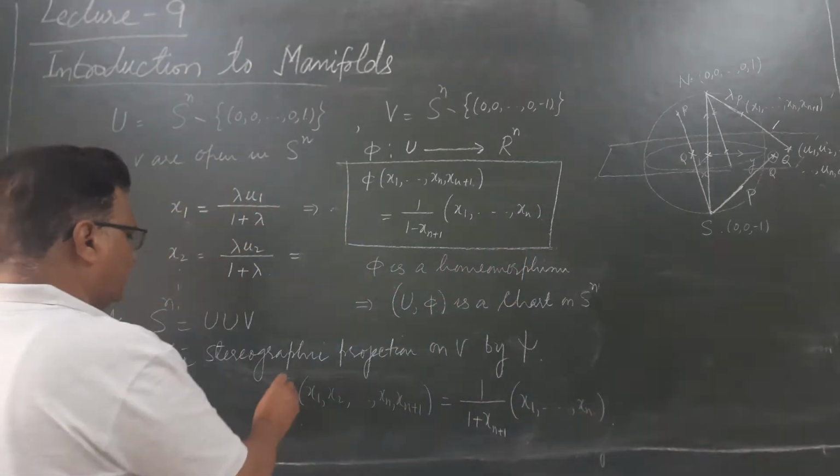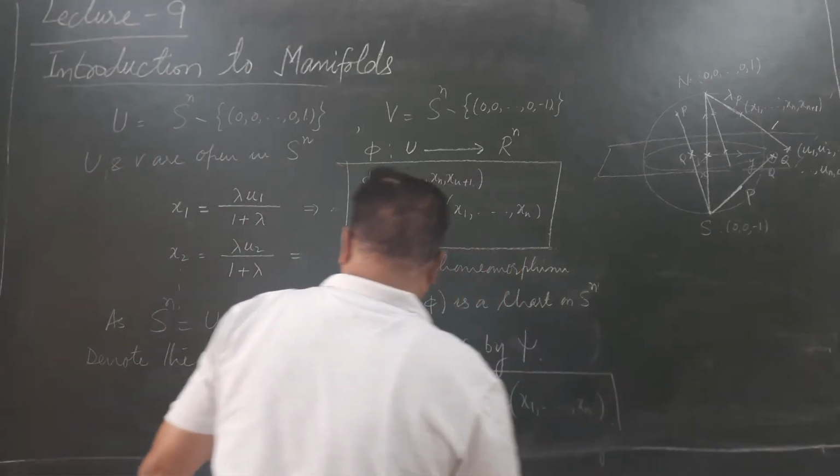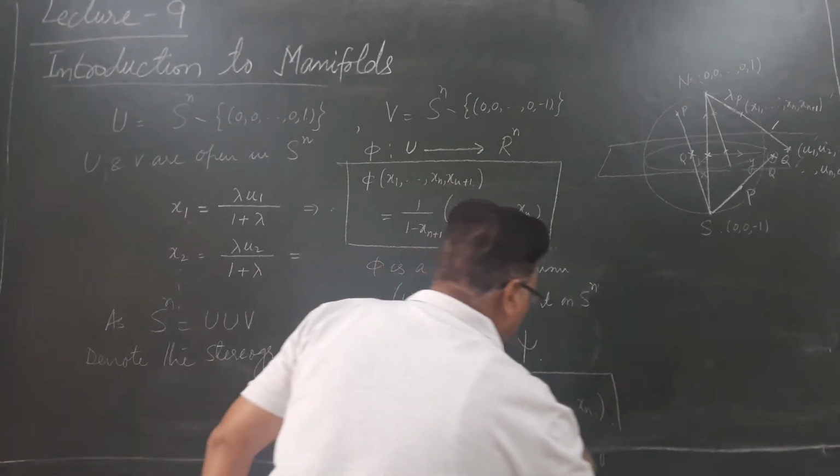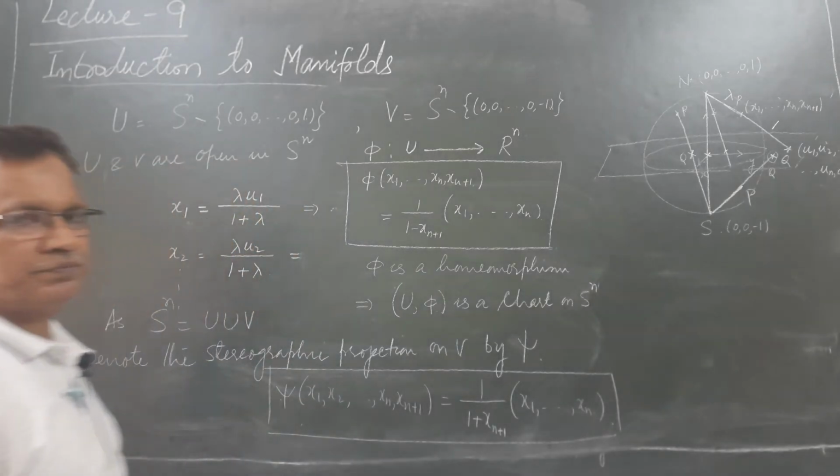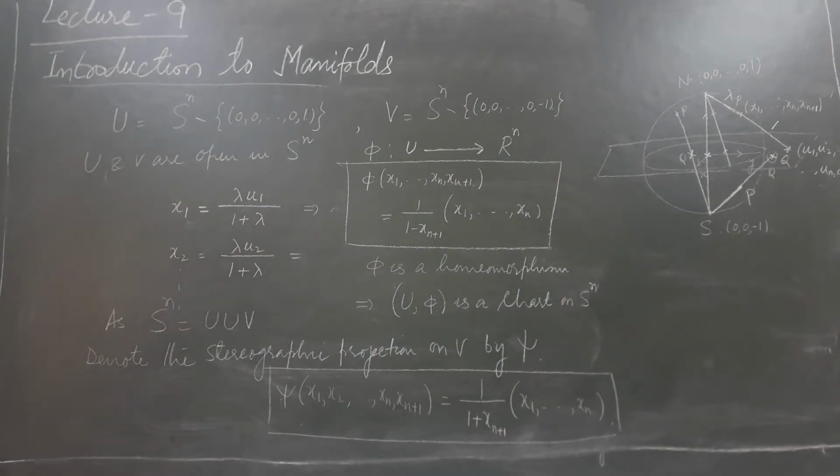So this will be the second stereographic projection, which is also a homeomorphism. Its inverse can also be computed and both of them are continuous. This is a 1-1 map.